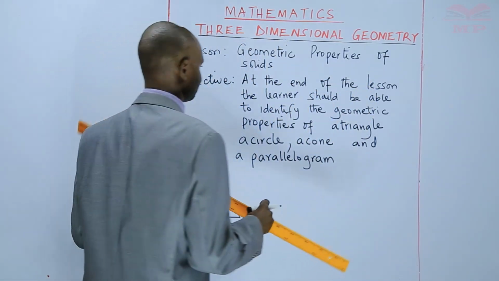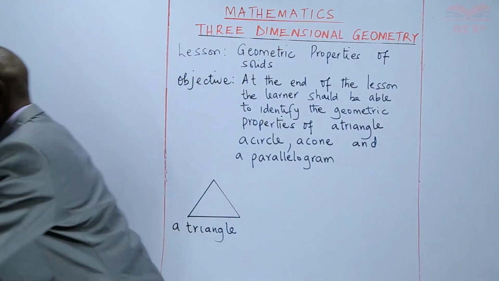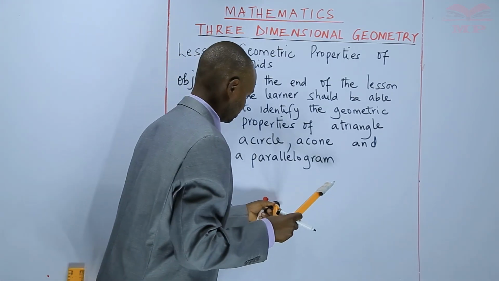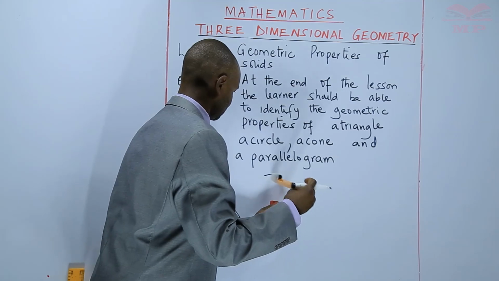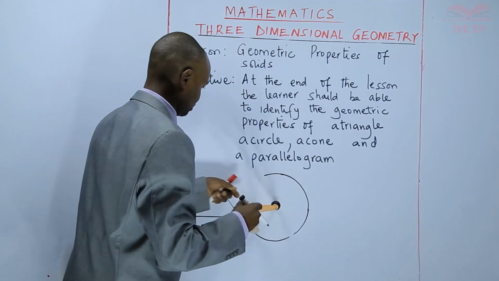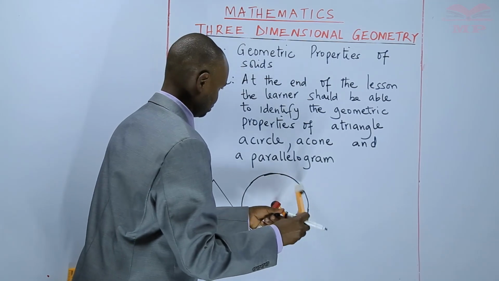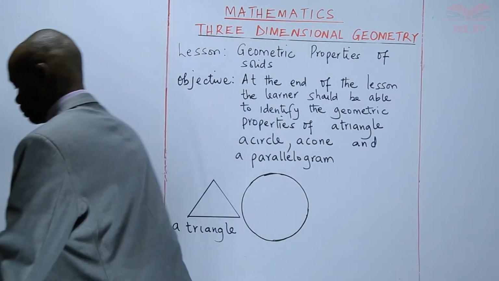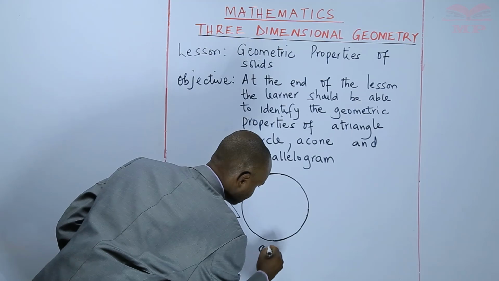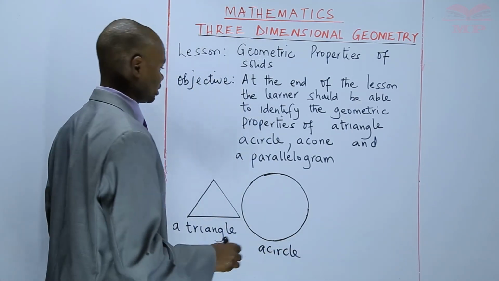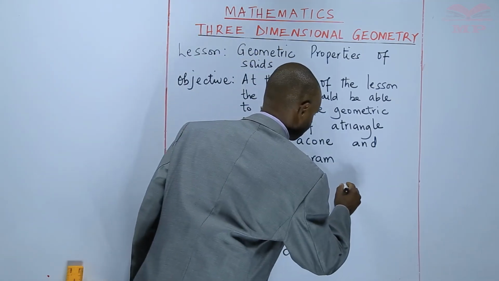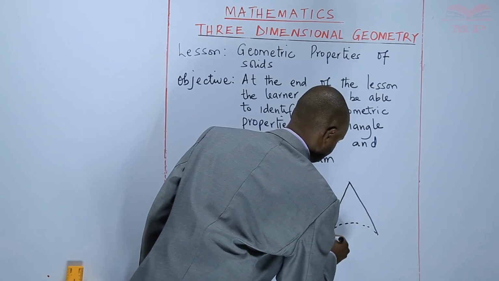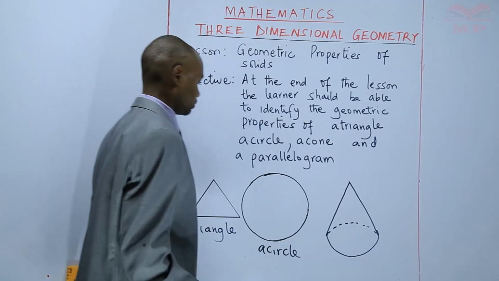The second one is a circle. That is a circle. The third one is a cone. A cone.